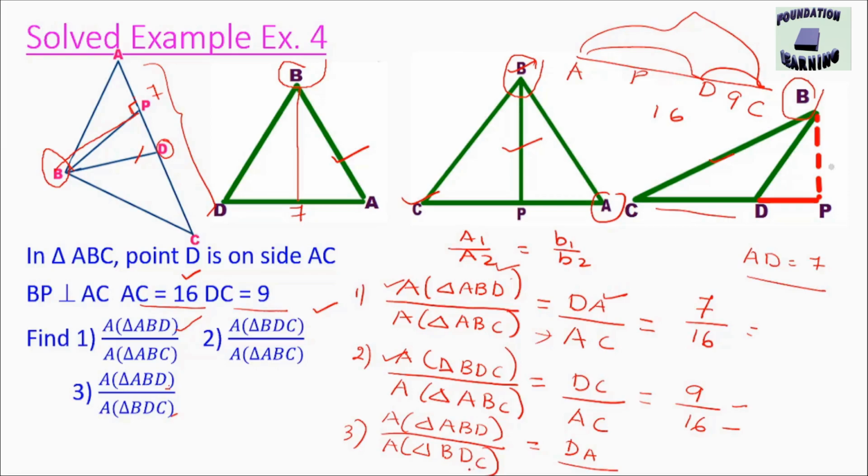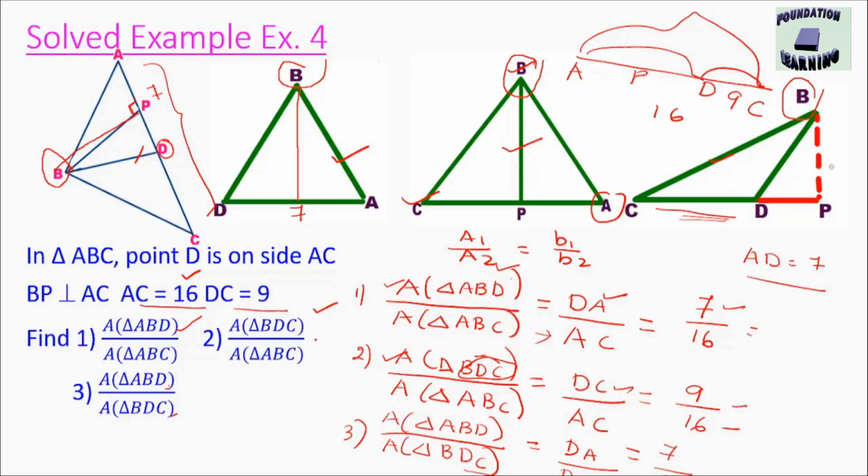And for BDC, the base is DC. Now what is the value of DA? DA we have already found, it is 7, and DC we have already found, 9. So we have found all the ratios which are required in the question.